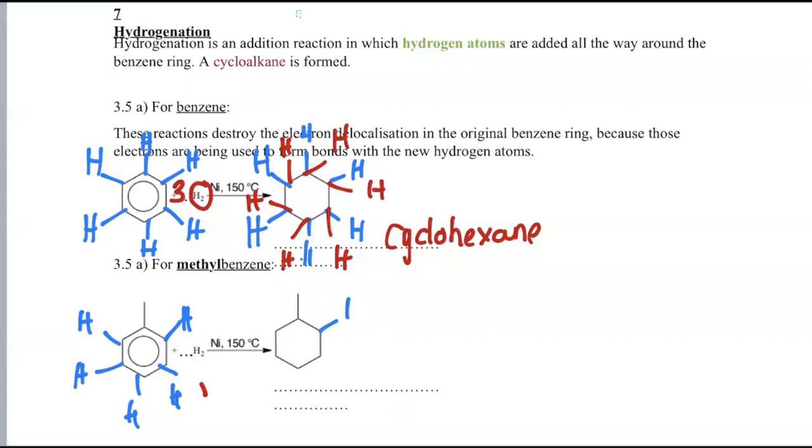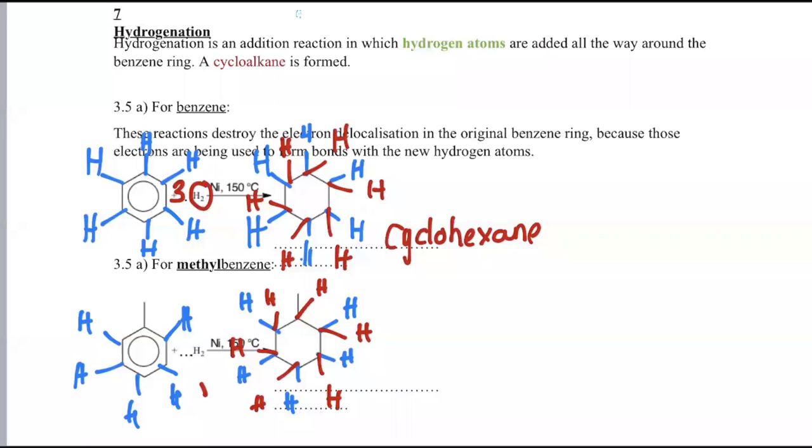So your product, you are actually adding 6. 1, 2, 3, 4, 5, 6. Don't forget that carbon, okay?